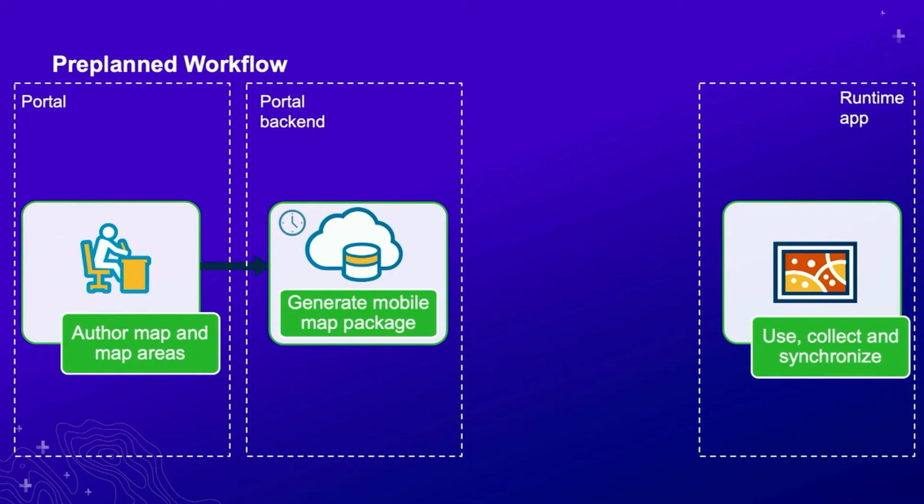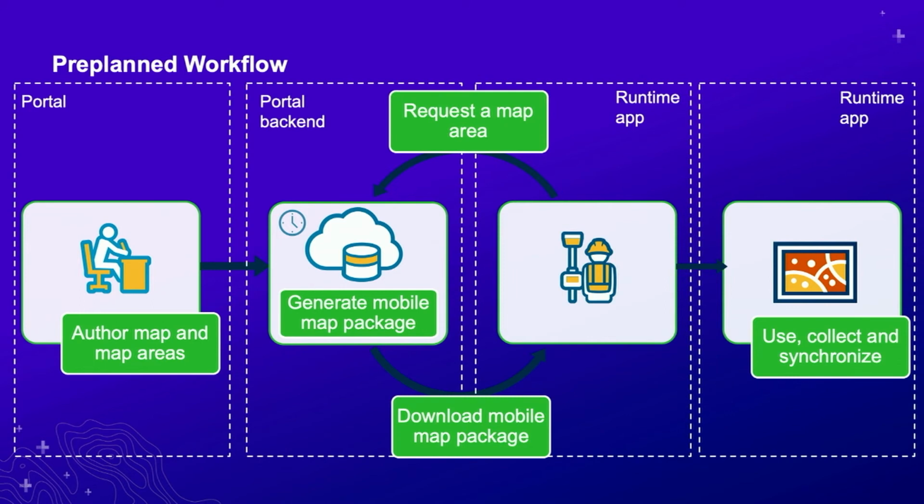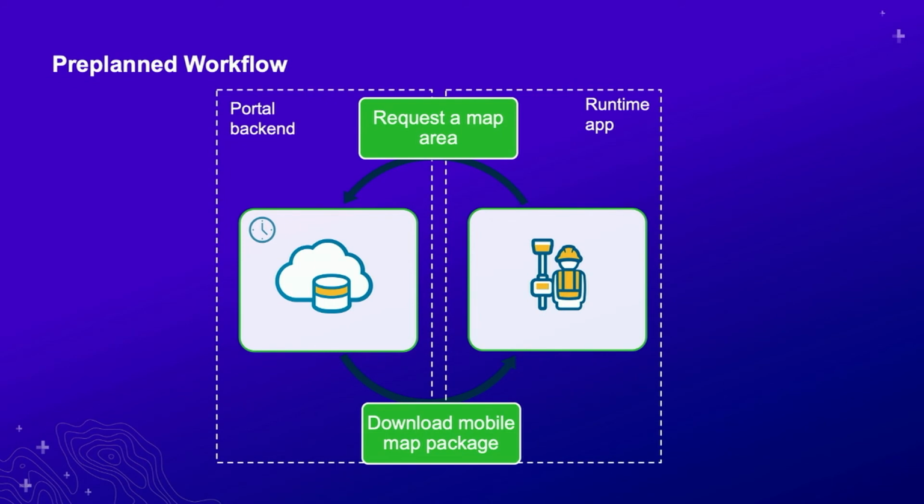When the user wants to go offline, they request a map area, download it, and can start working with it. At any time, the user can request the map area, and if there's a newer version available, it will download the newer version.